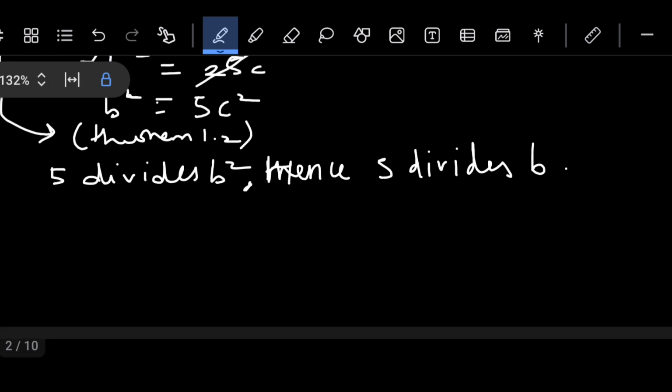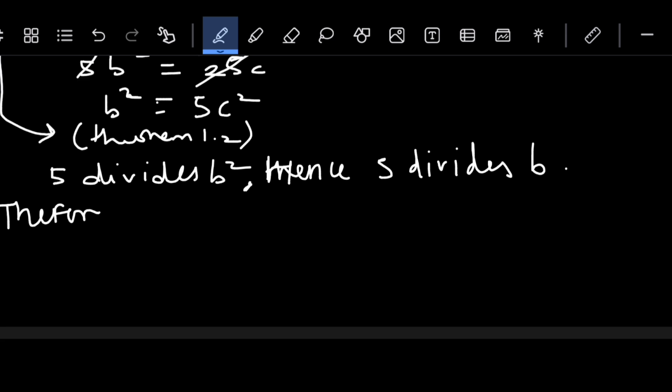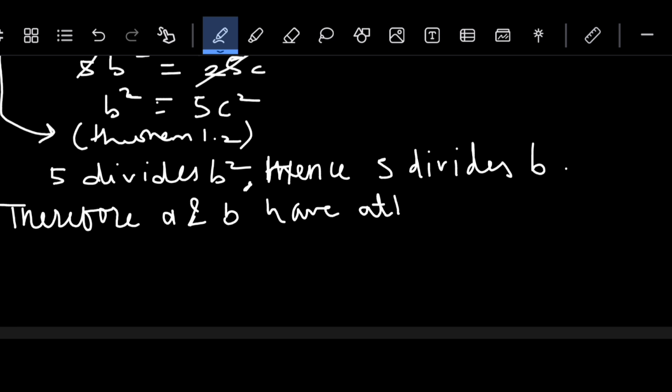So here, similarly, I write therefore a and b have at least 5 as their common factor.